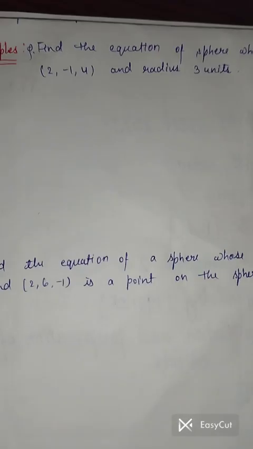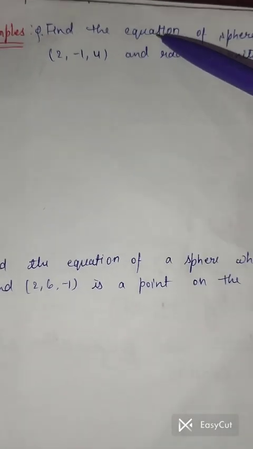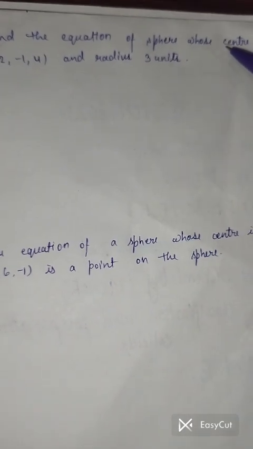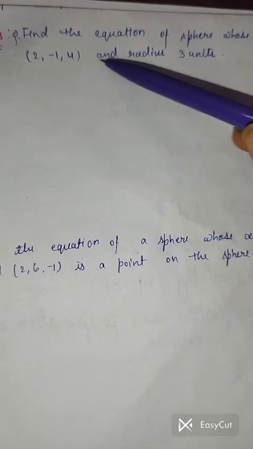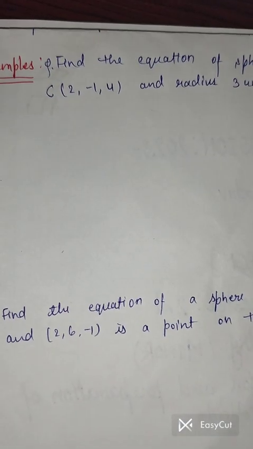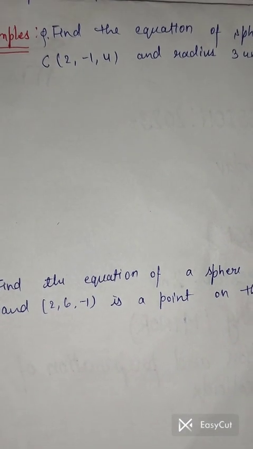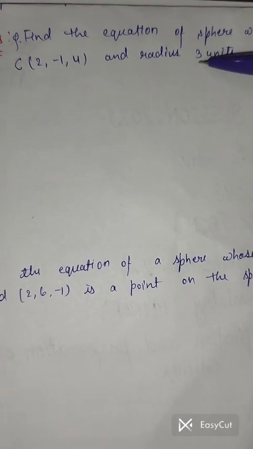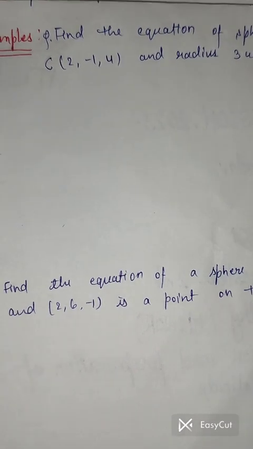So here in this problem we have to find the equation of the sphere whose center is given. Let the center C be 2 comma minus 1 comma 4, these are the coordinates of the point C, that is the center point, and the radius is 3 units.